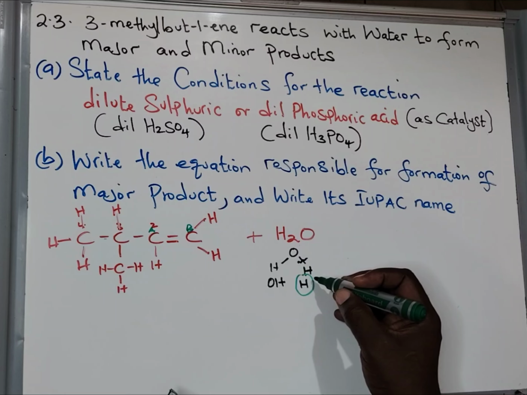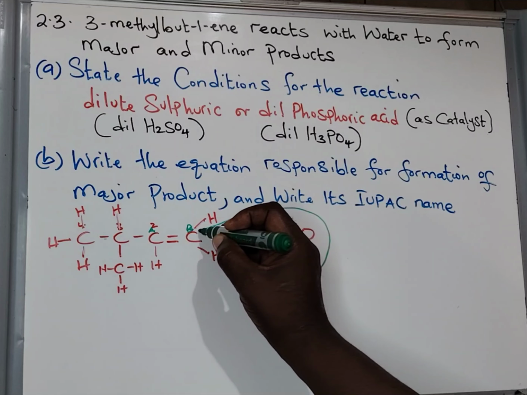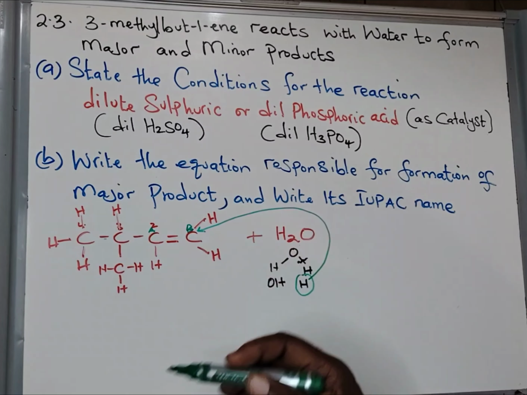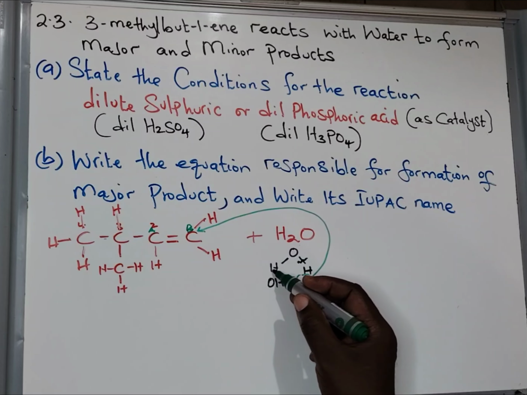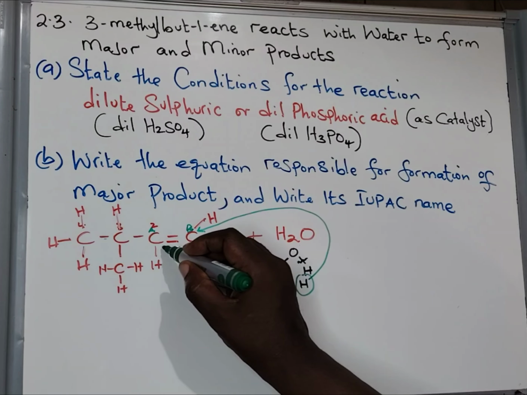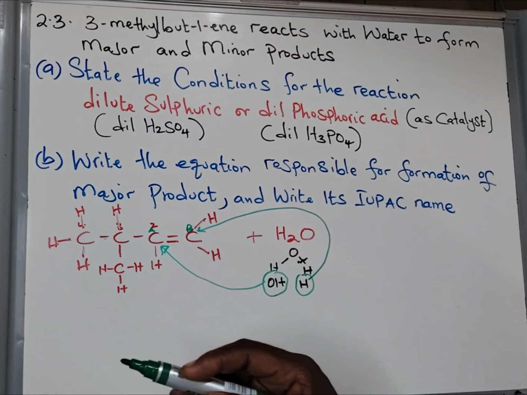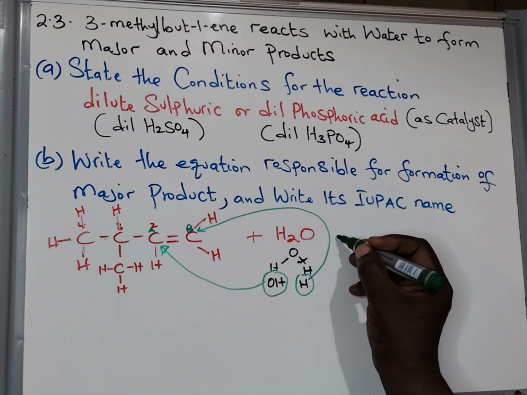It means that our H will come to that carbon atom. And what does that mean? That our OH doesn't have a choice. It has to go to this one. When you use the law, what you get is the major product.